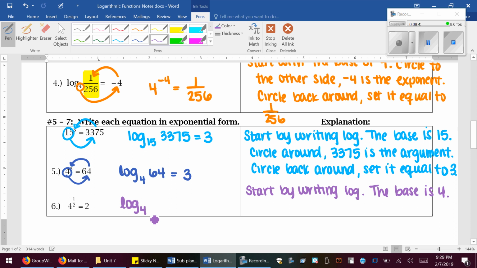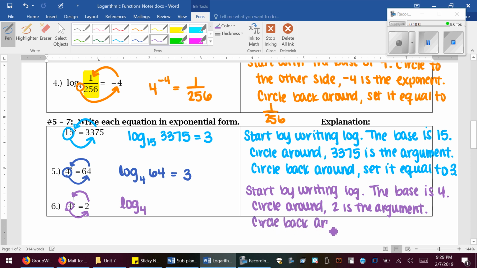It's your subscript. Circle around. Two is the argument. Circle back around, and set it equal to 1/2.